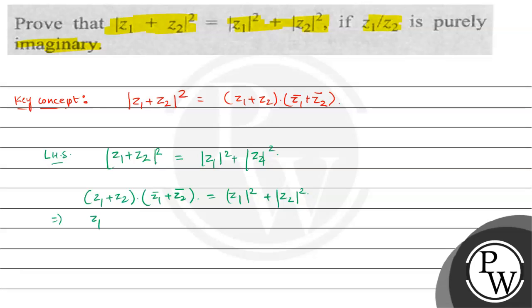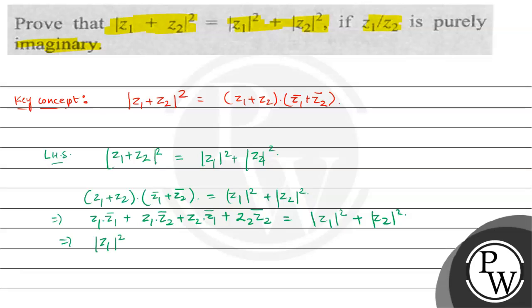So we have z1 z̄1 + z1 z̄2 + z2 z̄1 + z2 z̄2 = |z1|² + |z2|². Now z1 into z̄1 is nothing but |z1|².